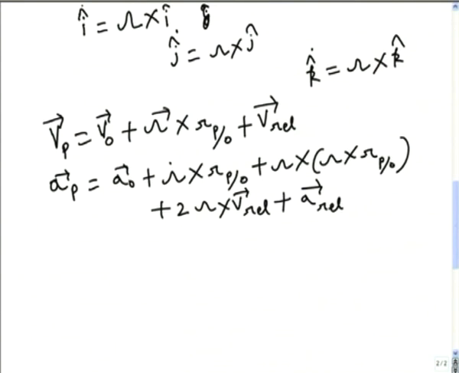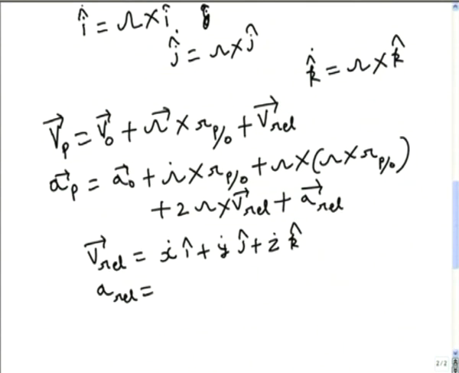Now, in this case, Vrel is basically in 3D x dot I plus y dot j plus z dot k, and Arel is x double dot I plus y double dot j plus z double dot k.